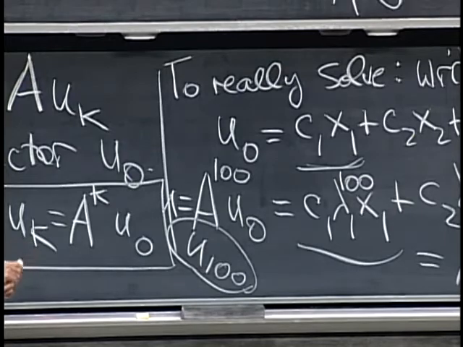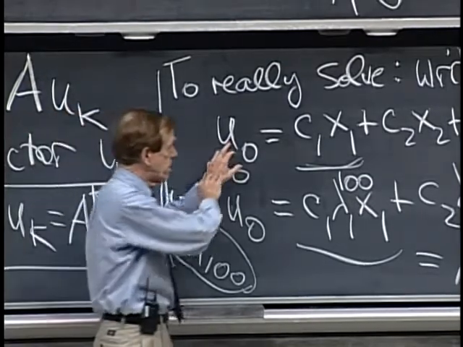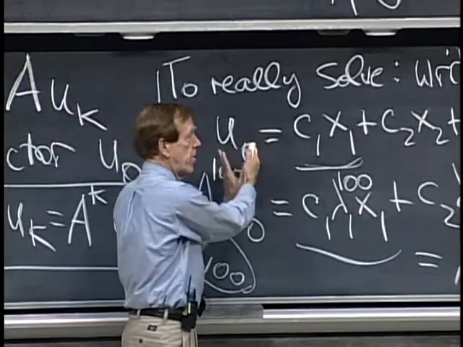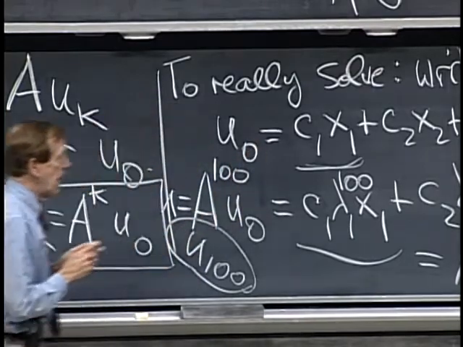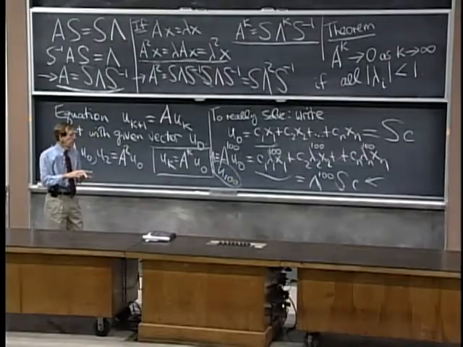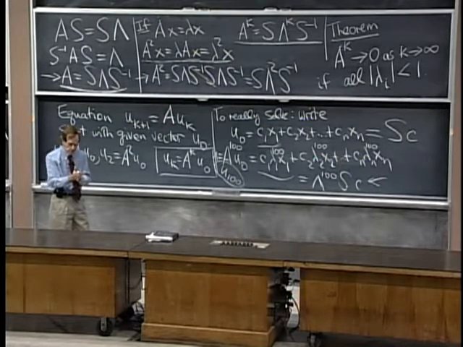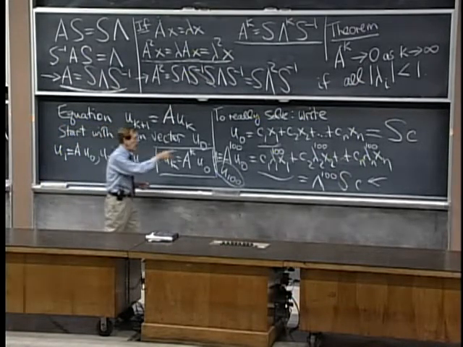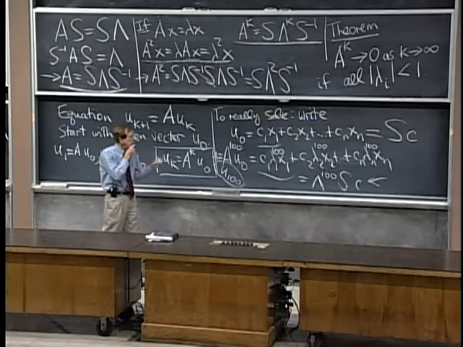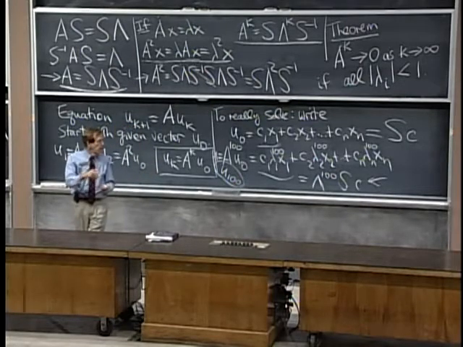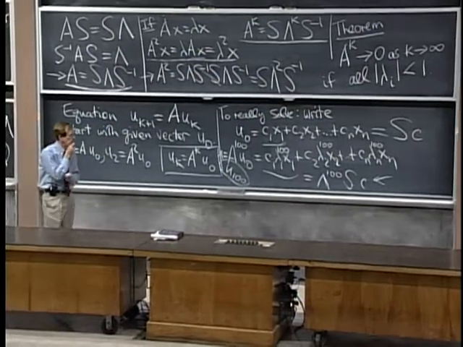I would expand the initial vector into eigenvectors and let each eigenvector go its own way, multiplying by lambda at every step, and therefore by lambda to the 100th power after 100 steps.